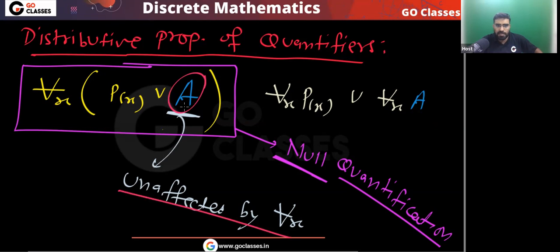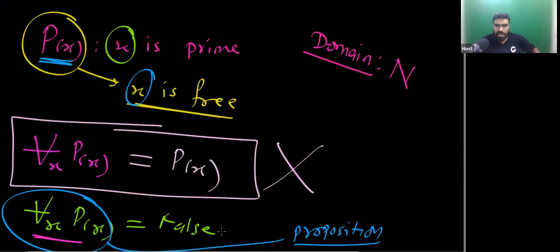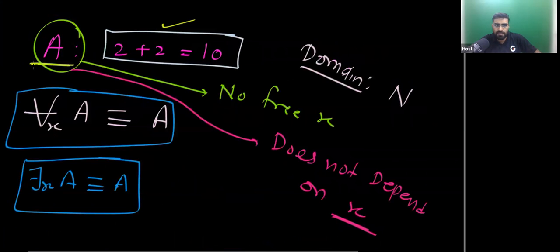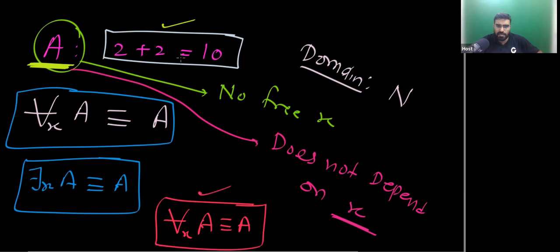See, this a can be this. This a is unaffected by the quantifier. You can notice this does not depend on x. So for all x a will be the same as a. This we have already seen. In this a, there is no free variable x.